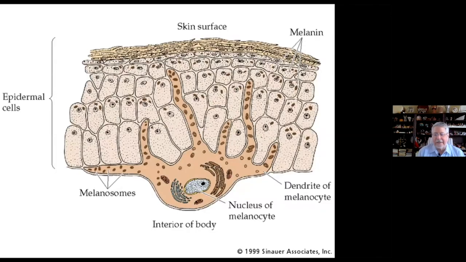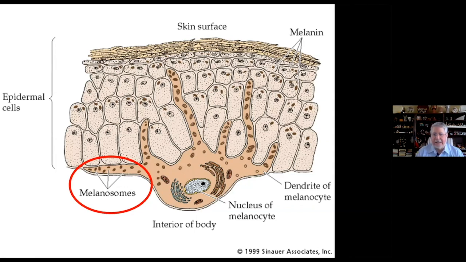If we look at the skin, this is a cutaway of the skin. Shown at the bottom, sort of an octopus-looking cell, is a pigment cell, or melanocyte. Within the melanocyte are melanosomes. These are the factories in which pigment is made.